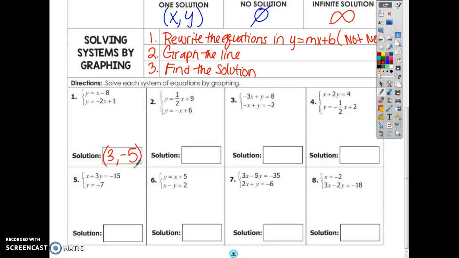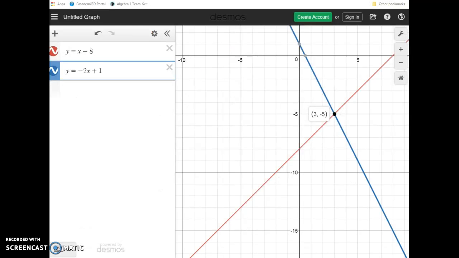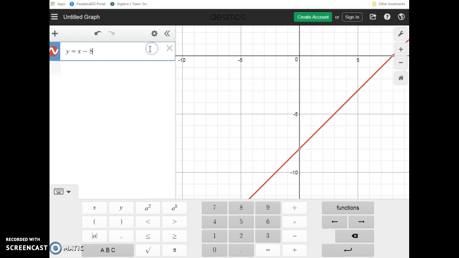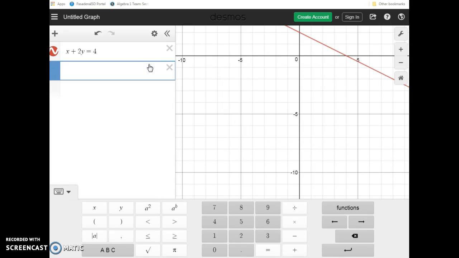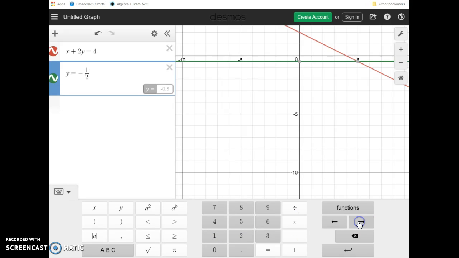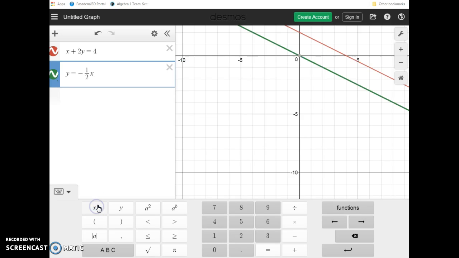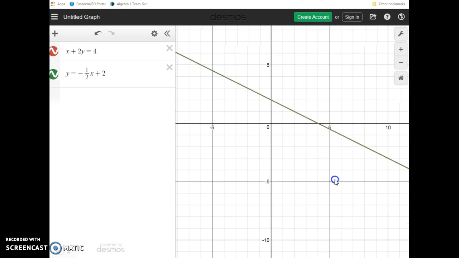When you graph number 4, let's see what it looks like. Everybody do it with me. We're graphing x plus 2y equals 4. And in the second box, we're going to graph y equals -1/2 x plus 2. What happens?